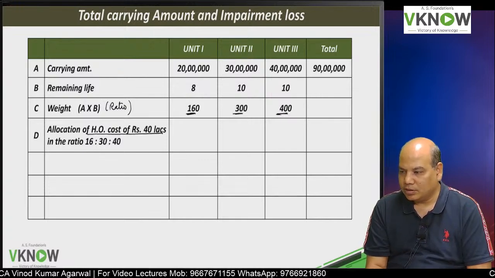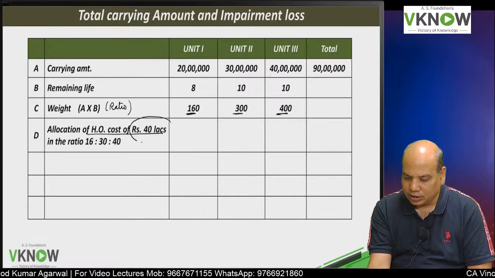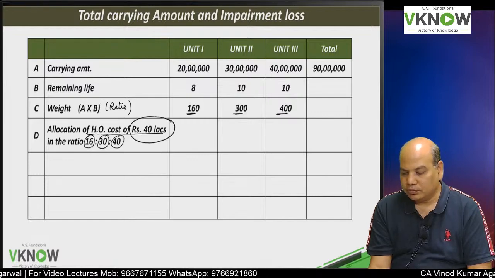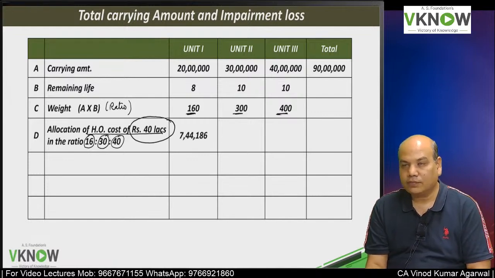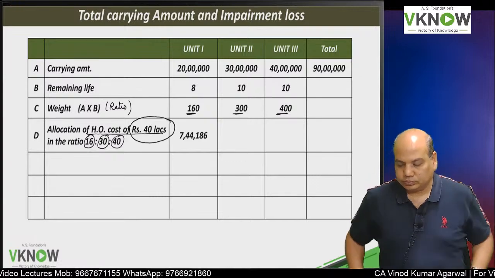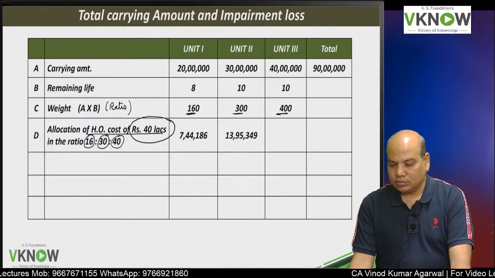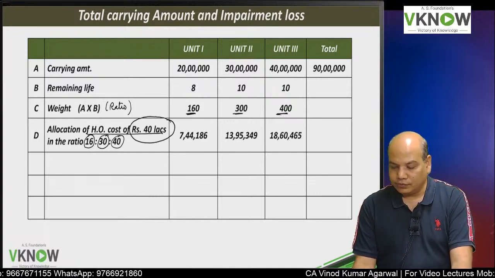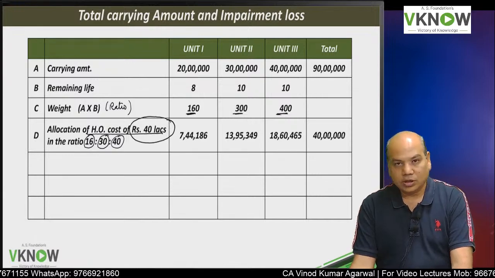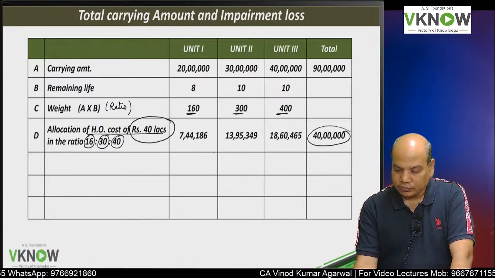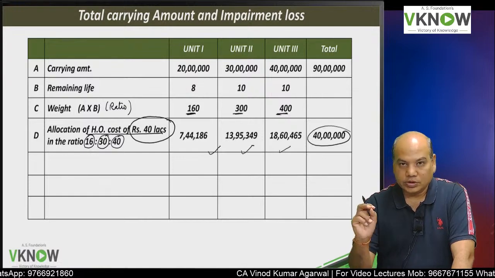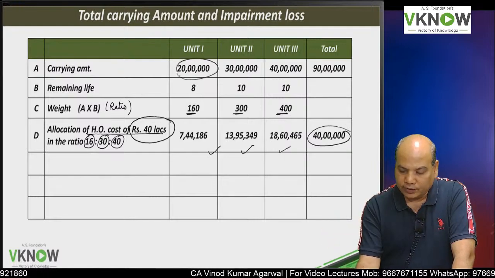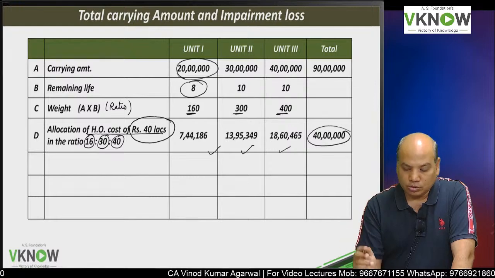So please apply the ratio to 40 lakh and you will get 7,44,186, then 13,95,349, and 18,60,465. Total is 40 lakh. So 40 lakh is allocated in the ratio of 16:30:40. We are giving weightage to both the factors for the purpose of allocation.